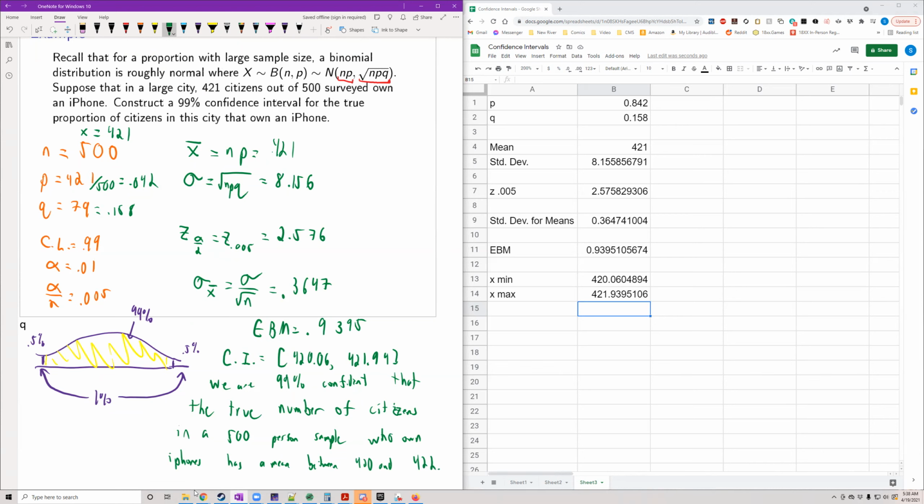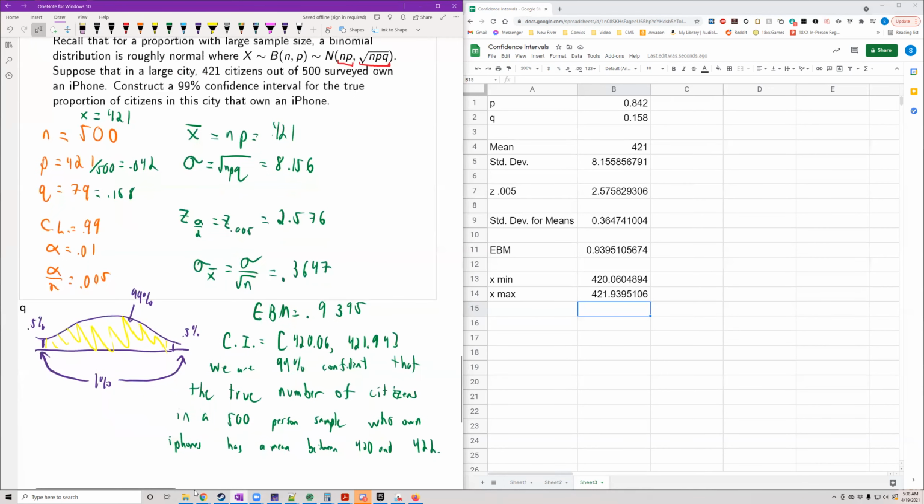We could find a confidence interval for the proportion by dividing each of these by 500. So if we divide this by the sample size, by the 500, and we divide this by the 500, then it tells us that our 99% confidence interval says that we're pretty sure that between 84 and 84.4% of citizens own cell phones.